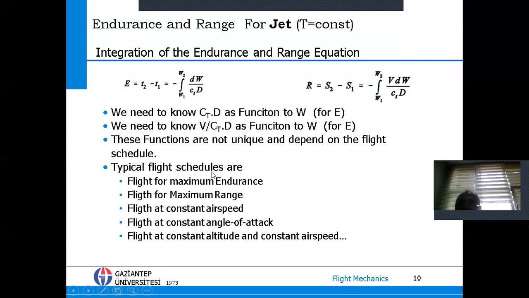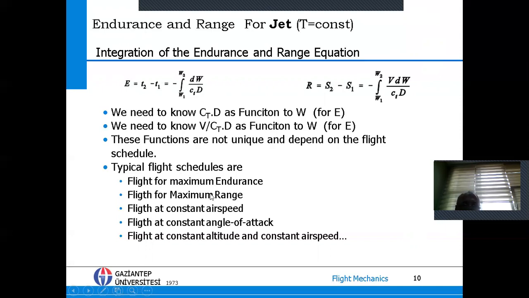Typically, for flight schedules, we have here just an example. Maybe you have many flight schedules, but maybe the pilot decides to fly at maximum endurance.